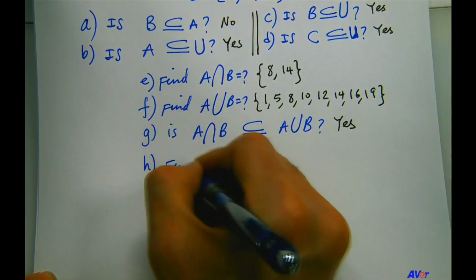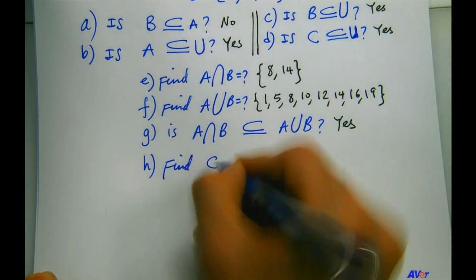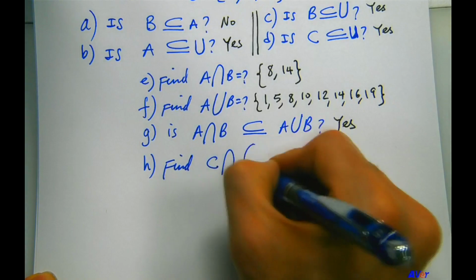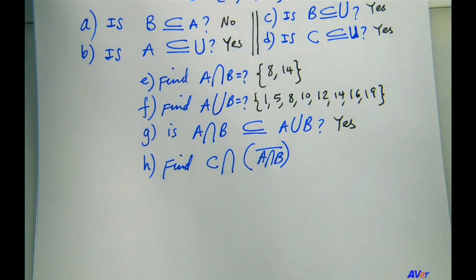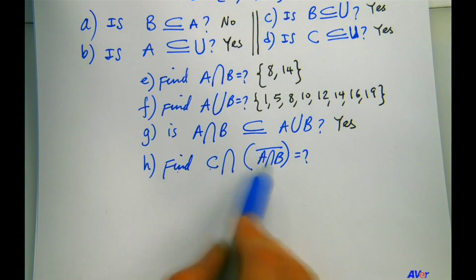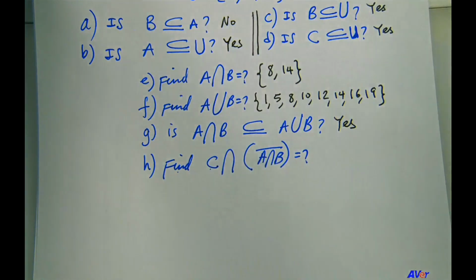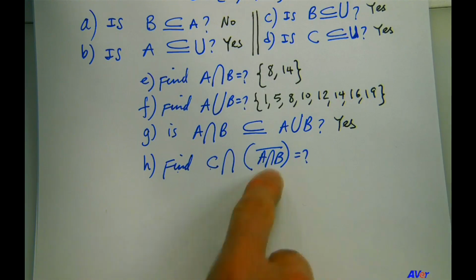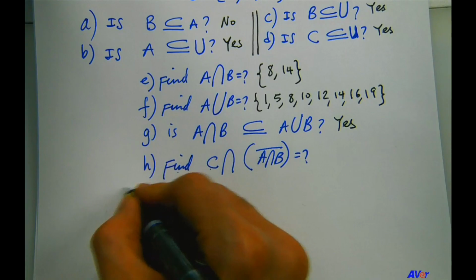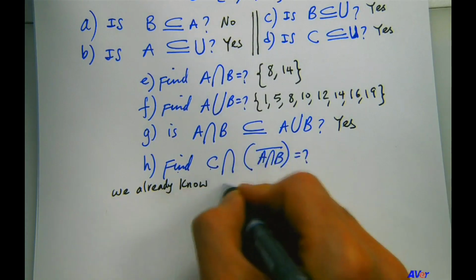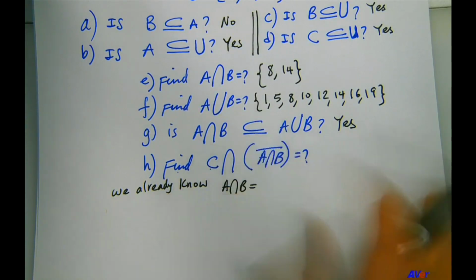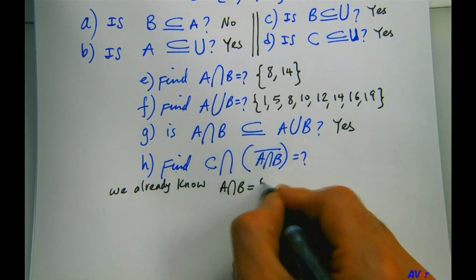So H, we want to find the intersection of C and the complement of the intersection of A and B. We already know A intersection B is right there, 8 comma 14, right?